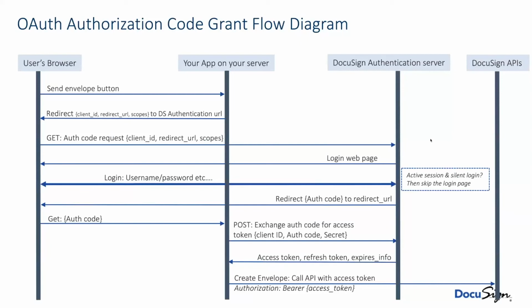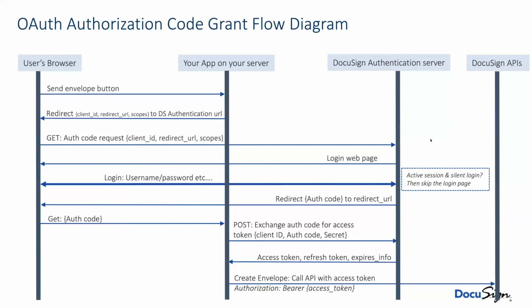First thing to say is that we are talking here about 4 different places where software runs, and that's the 4 different columns of this chart. On the left is the user's browser, and then your application running on your server. Then next, the DocuSign authentication server, and finally, the servers where the DocuSign APIs are implemented.